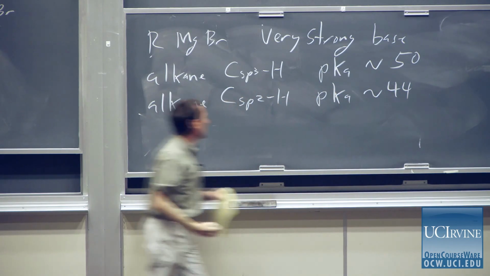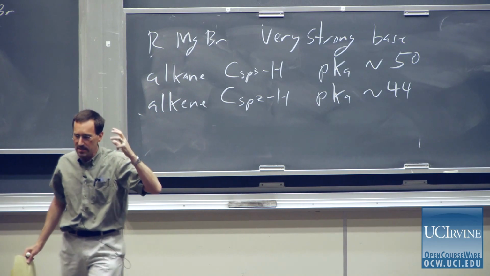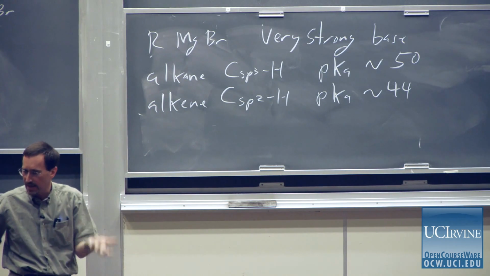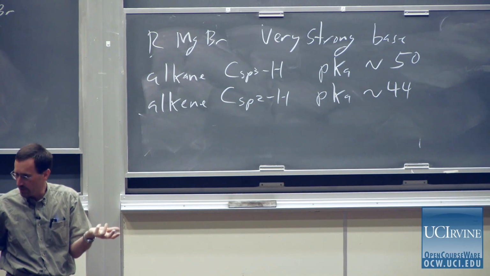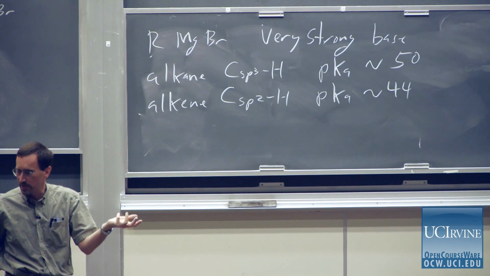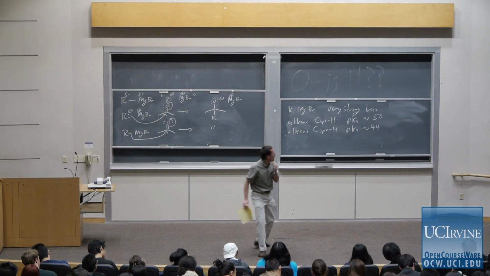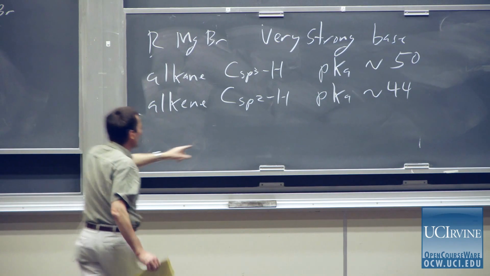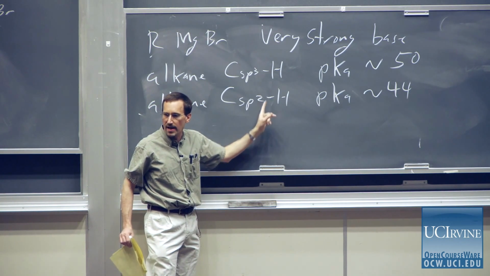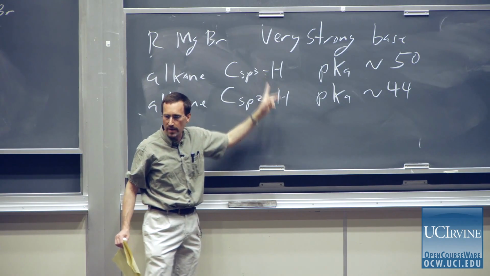A way of thinking of this is that the electrons are a little more stabilized, held a little more tightly in an orbital that has more s character, right? sp2 has 33% s character, sp3 has 25% s character. As you hold electrons more tightly, the CH bond is more willing to give up H plus and give you a carbanion. So an alkene is a little bit more acidic than an alkane.